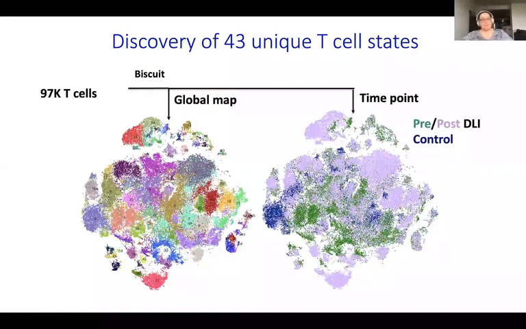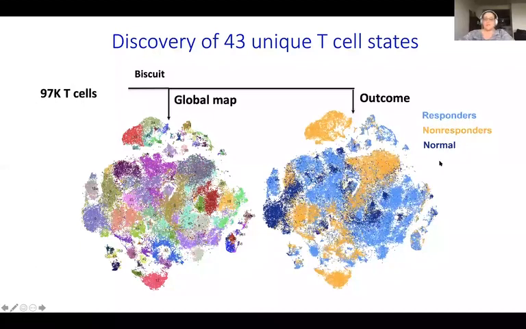So they did have a structure to them. And there were definitely clusters that were enriched for pre or post DLI, and that really mattered. So you could see in this map a very strong structure here. Then you also see that there are responders and non-responders as well that create structure in the graph.